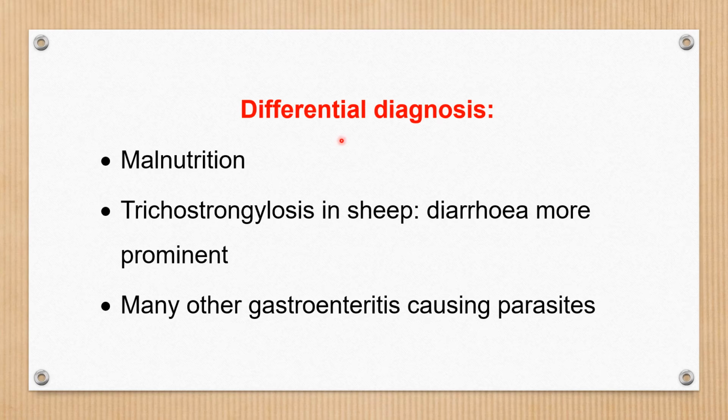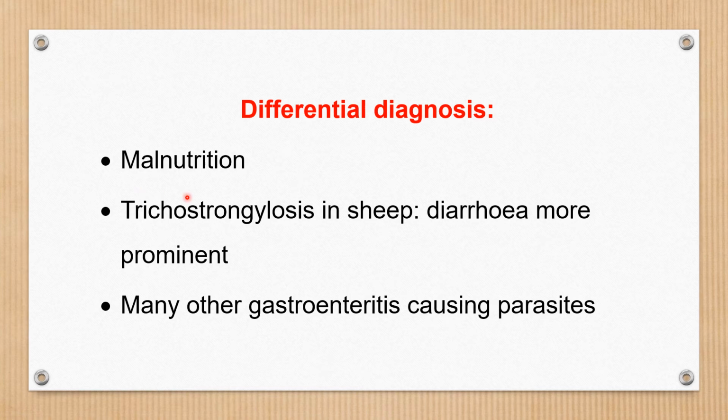Differential diagnosis: the symptoms are not characteristic, so it is difficult to differentiate from a number of diseases that produce such generalized symptoms, but one can guess that there may be a parasitic gastroenteritis.